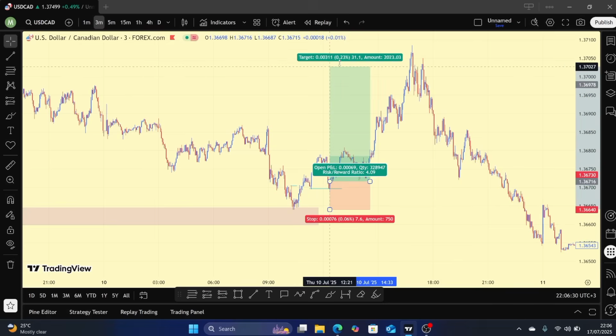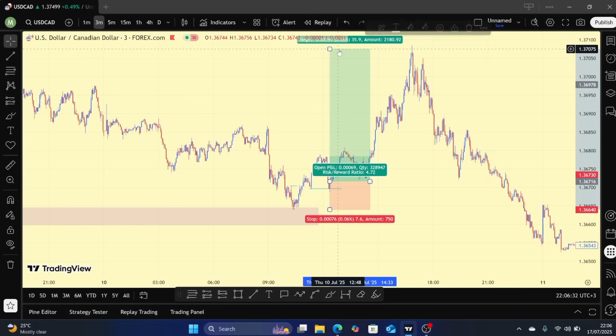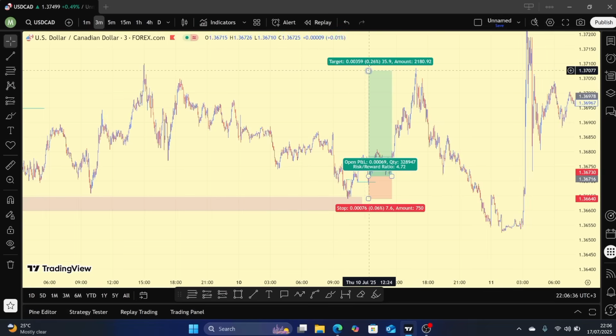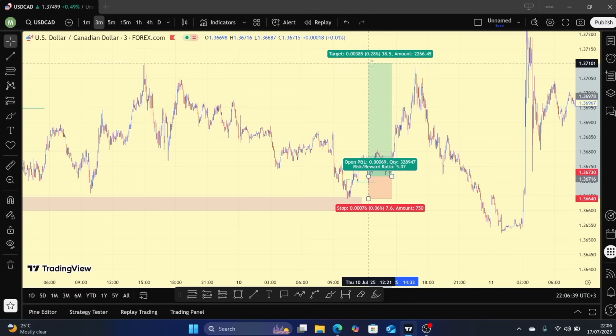So price was going all the way insanely. I believe I got something like a 1:5 here. So this is the part here. So yeah, 1:5. You can see a very nice trade exactly right there.